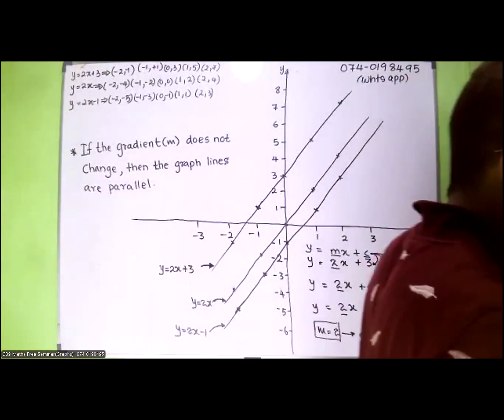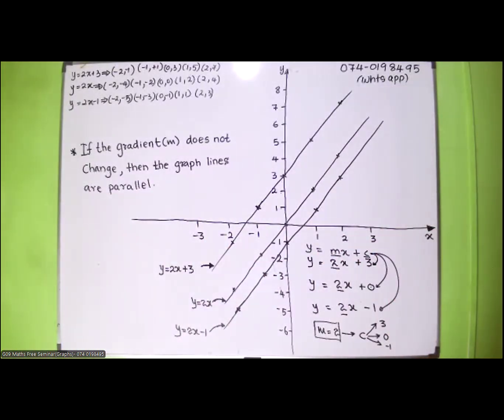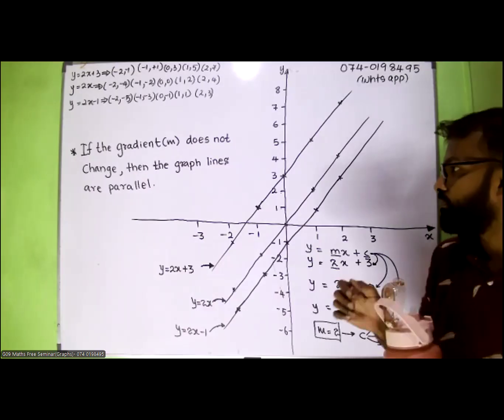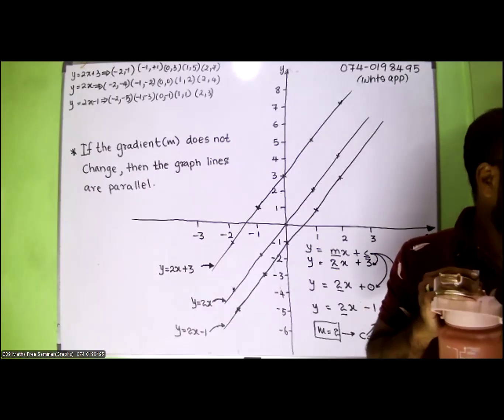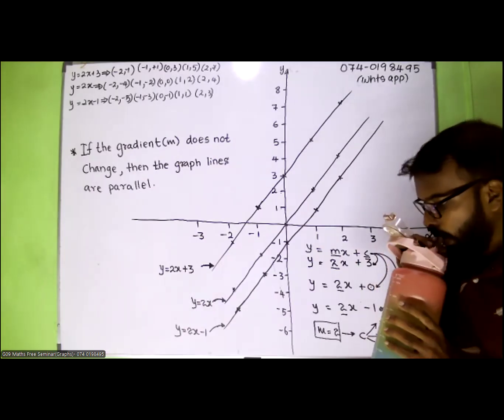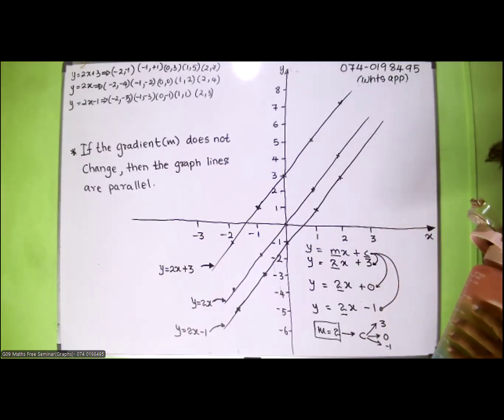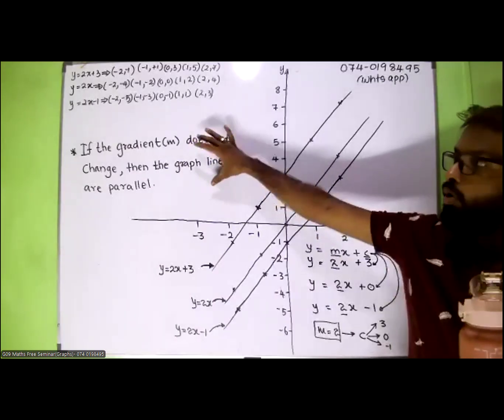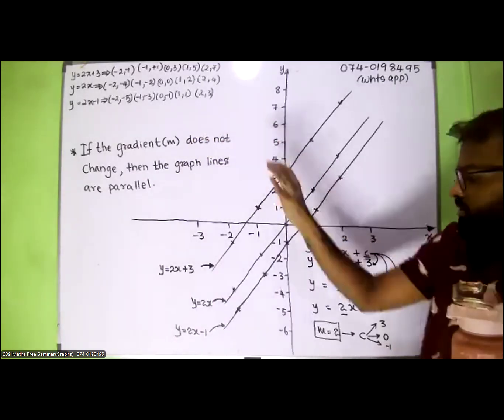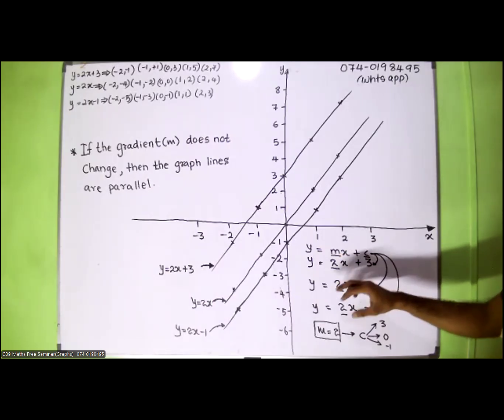If m does not change, your graph lines are parallel. Uday, did you finish writing? Under this or top of this, you can write this one as well, right?